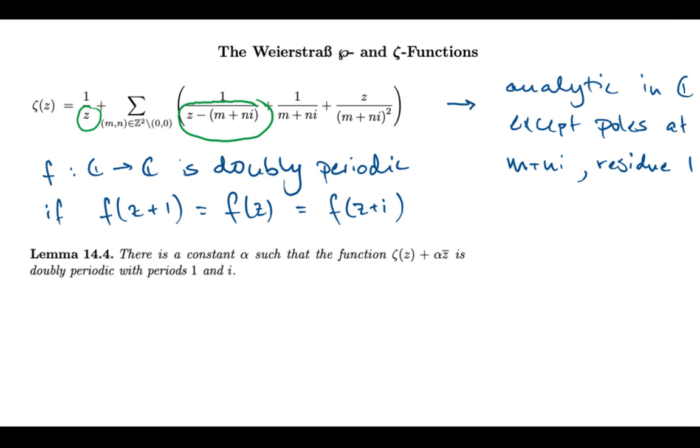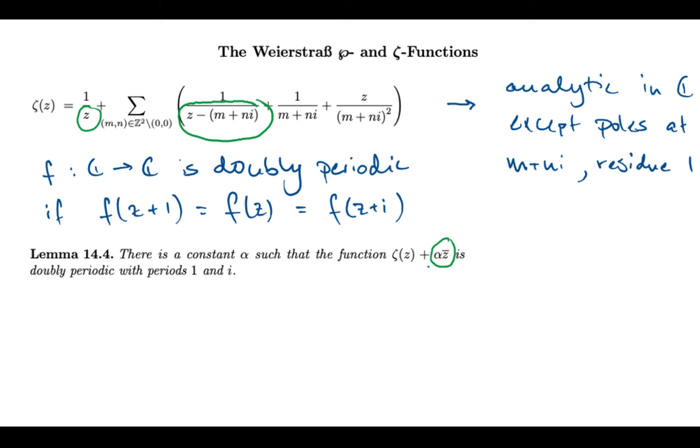I said earlier that zeta almost does the trick. This lemma that you see here, lemma 14.4, tells you that we're off just by a term, some constant alpha times the conjugate of z. We are producing a slightly new function here, which is not quite analytic because adding this z conjugate has a little bit of an issue, but this will actually be helpful in the main theorem of chapter 14, as we'll see in a moment.